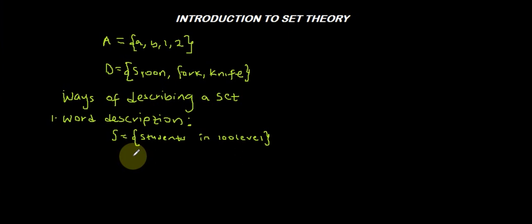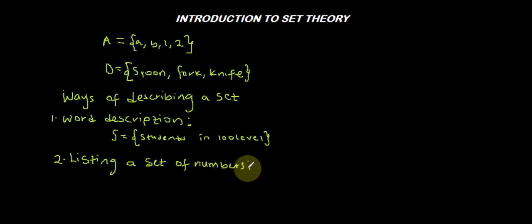Another way of describing a set is listing. Yes, by listing a set of numbers. This one we are very much familiar with. You are giving the numbers and you are listing them, they are direct. Let's say we have a set N of just numbers, any numbers.